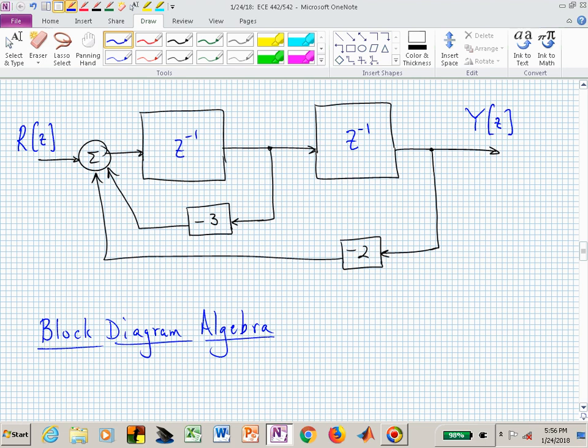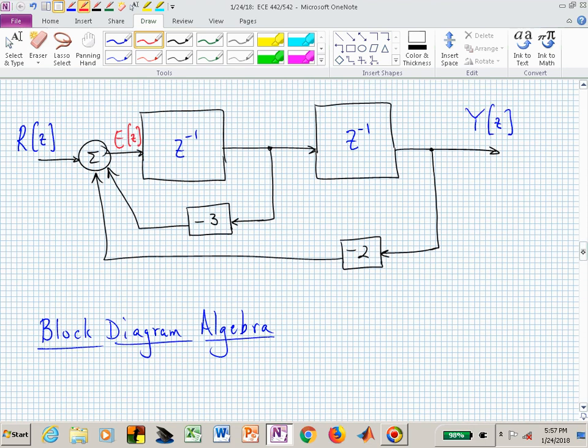Those are the only signals we've labeled at this point, but a lot of times it's more convenient to begin this process by focusing on signals that are the outputs of your summing junctions, if you have multiple summing junctions. And write your signals in terms of those, and then try to substitute out everything except R's and Y's.